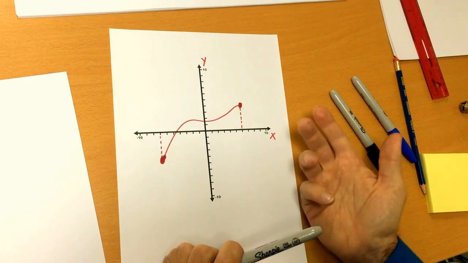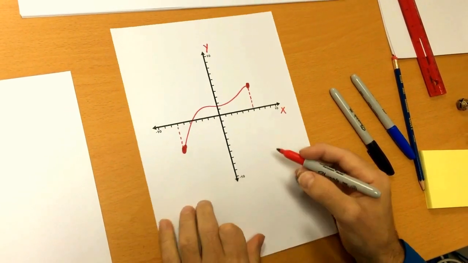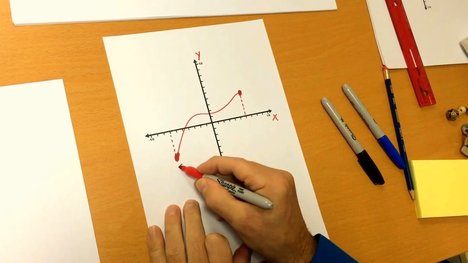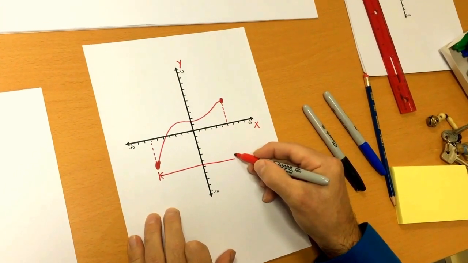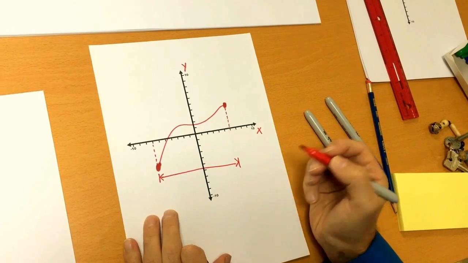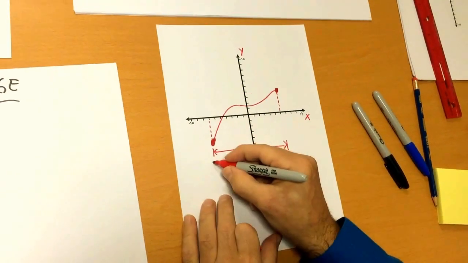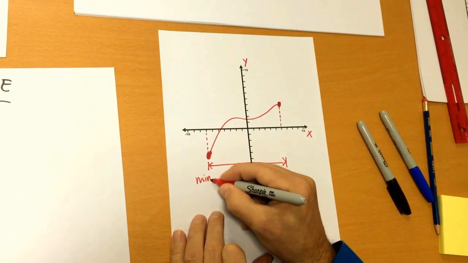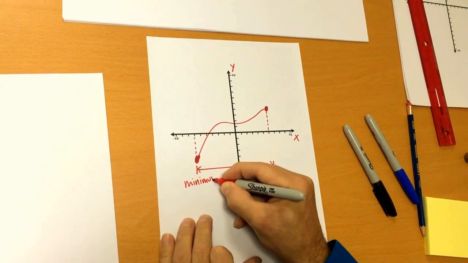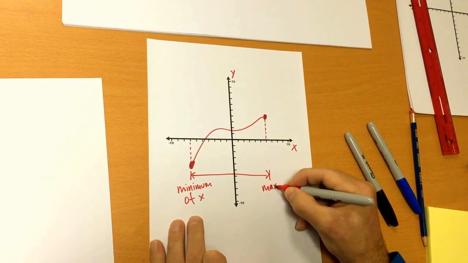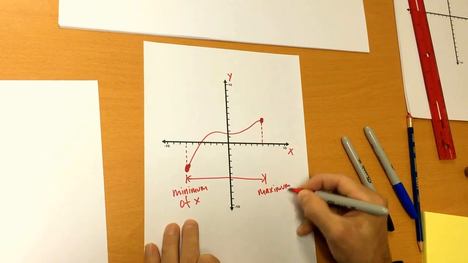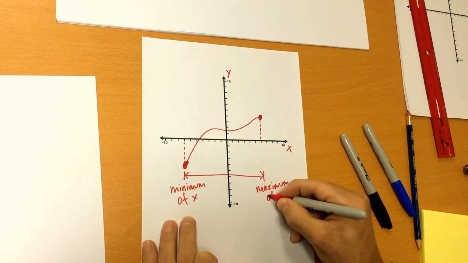And the domain is telling me all the possible input values I can have in between. So it's everything from the minimum of x to the maximum of x.